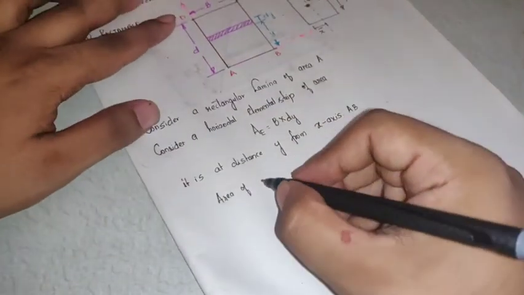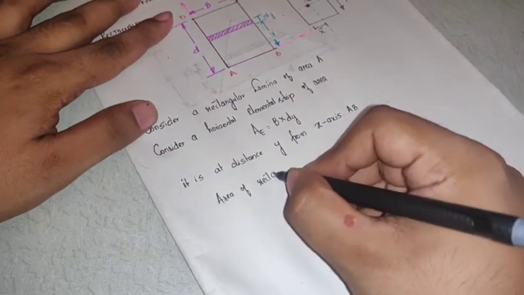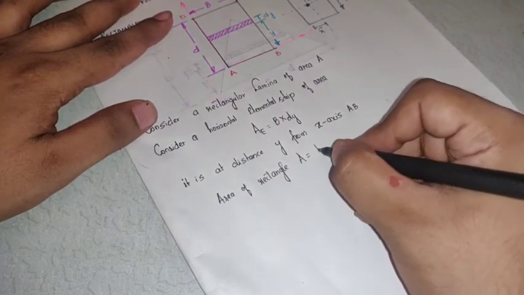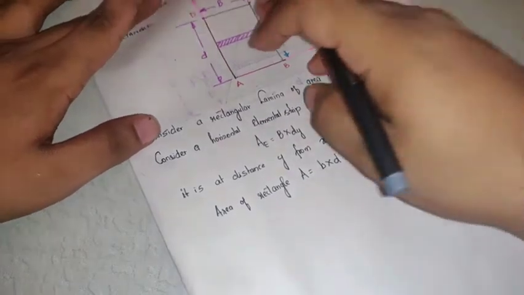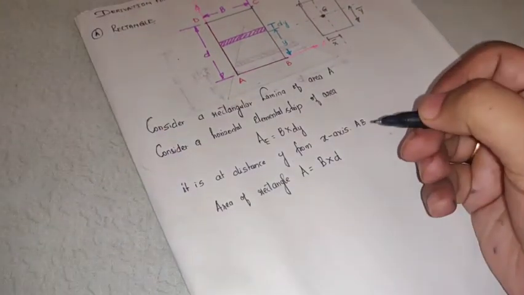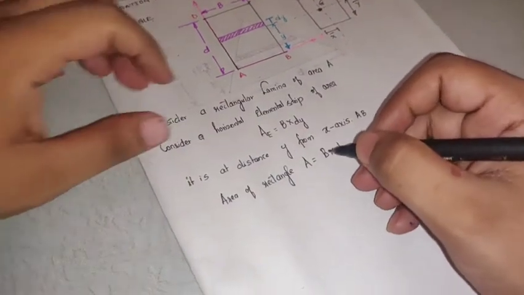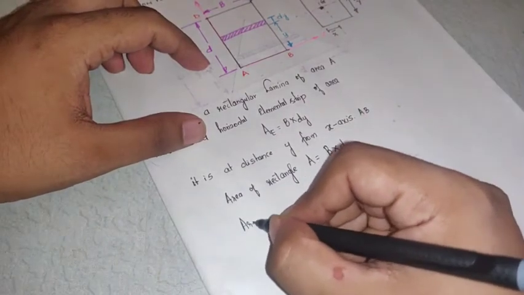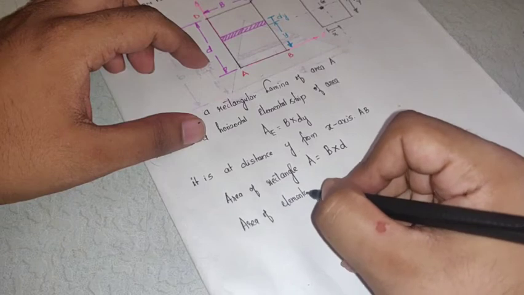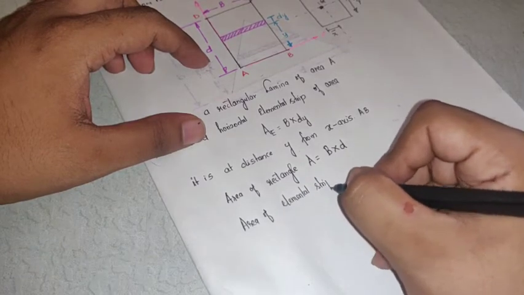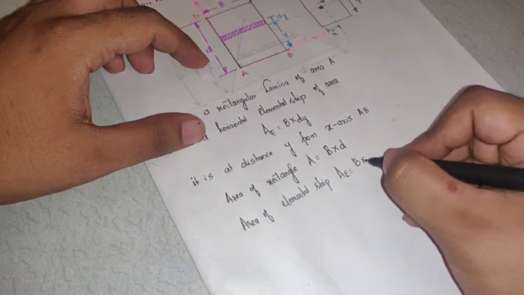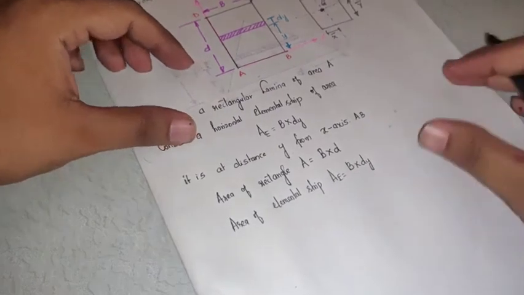The area of the rectangle is capital A, which is B into D. And the area of the elemental strip, which I'll call A suffix E, is capital B into dy.